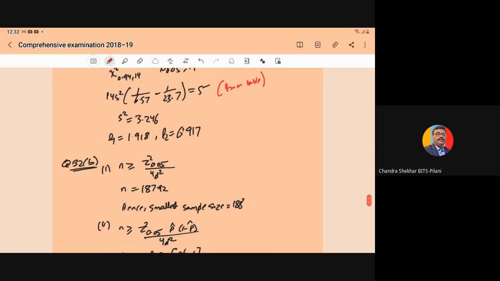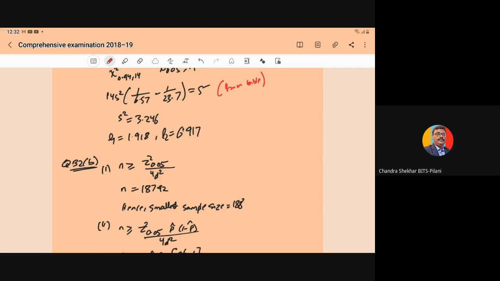So here we know, when the proportion is not given directly, n must be greater than or equal to z of 0.05, that is, z square of alpha upon 4d square.